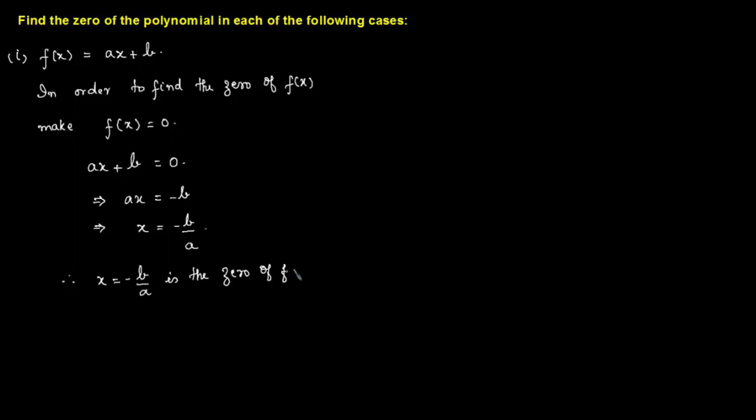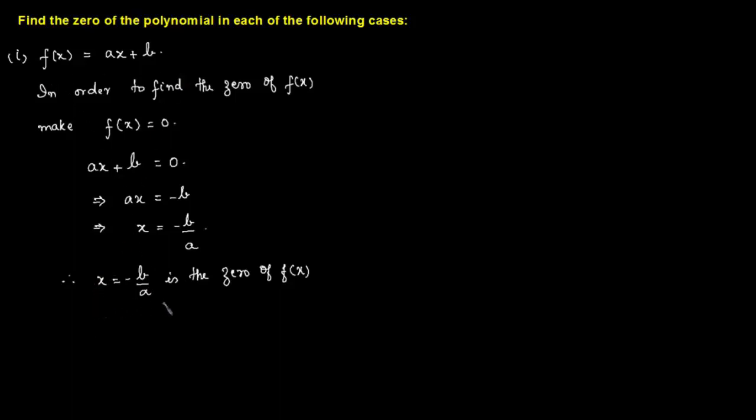Now, what kind of a polynomial is f of x? Whether it is linear, cubic or quadratic, you can see that the power to which x is raised is 1. Therefore, it is a linear polynomial. And how many zeros are there for a linear polynomial? You can see that x is equal to minus b by a is the one and only 0 of the polynomial f of x.